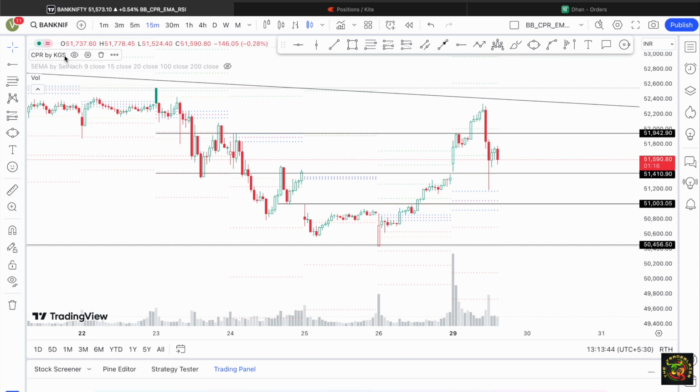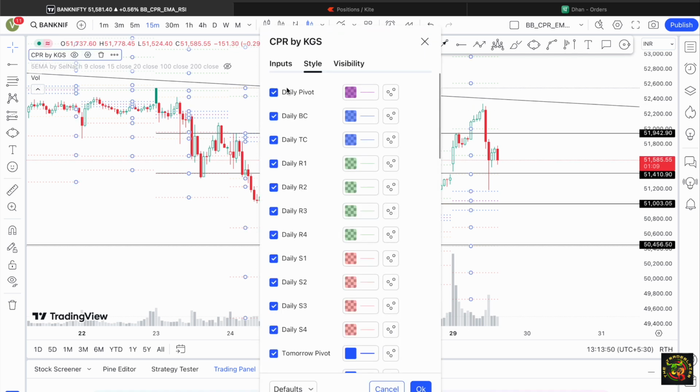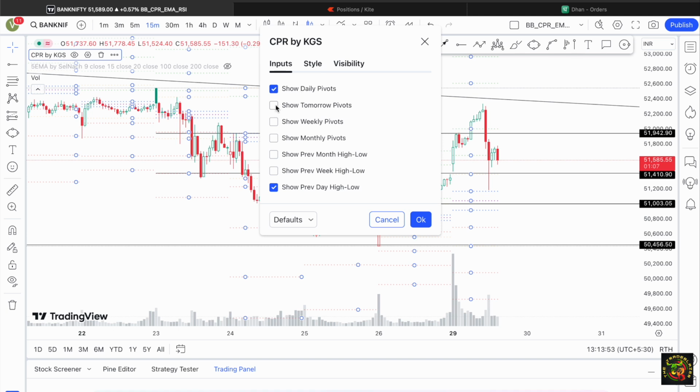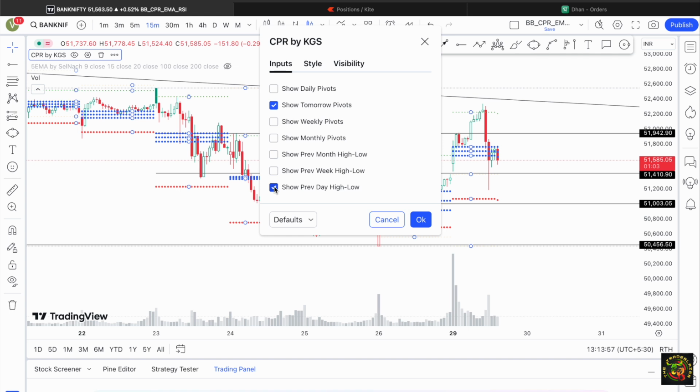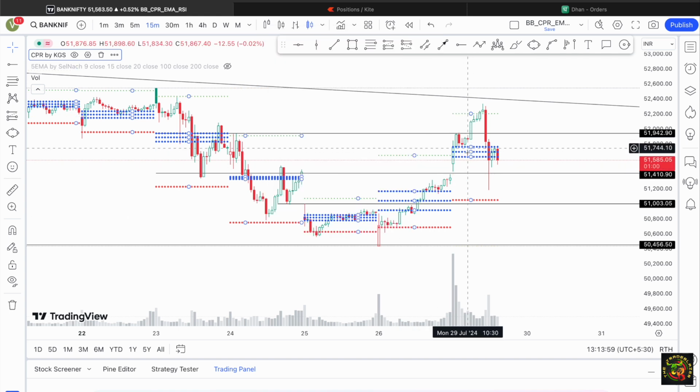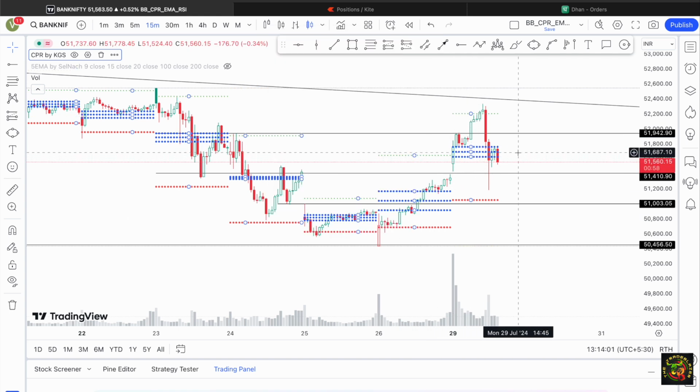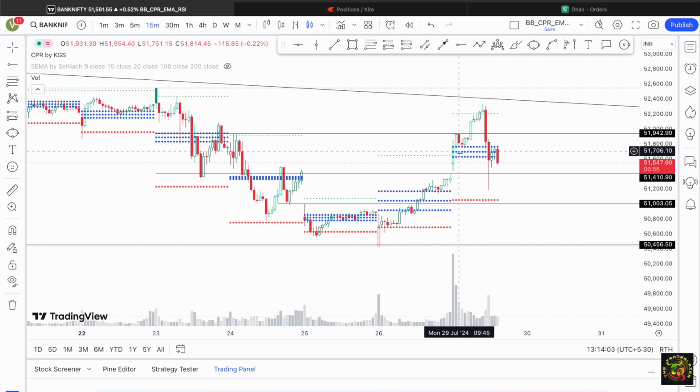So this is the purpose for which I use these, and also in this CPR by KGS we can see tomorrow's pivots. If I turn on this show tomorrow pivots option here, one day before I can see what the CPR for tomorrow actually is. So this is the CPR for tomorrow, and this is the CPR for this day.